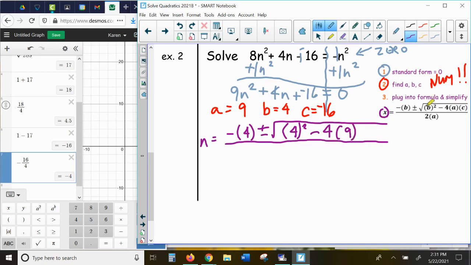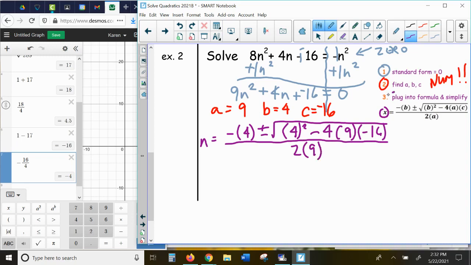And a c, which is parentheses -16. And on the bottom, I need a 2, all the time a 2, and a parentheses a. So my a is 9, parentheses 9. Okay, he's all set in.